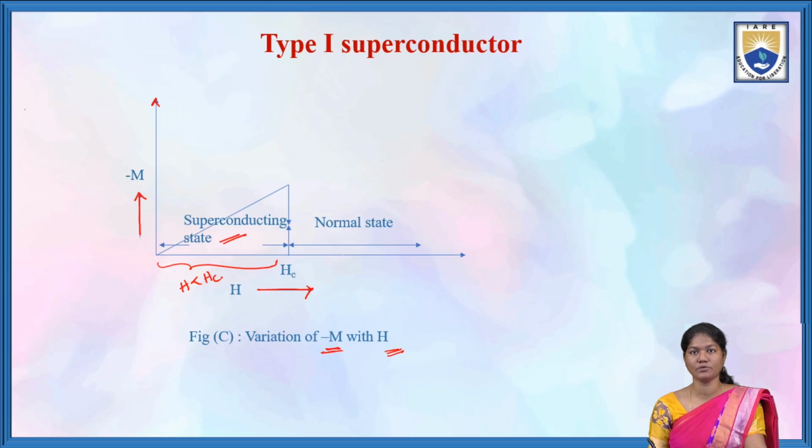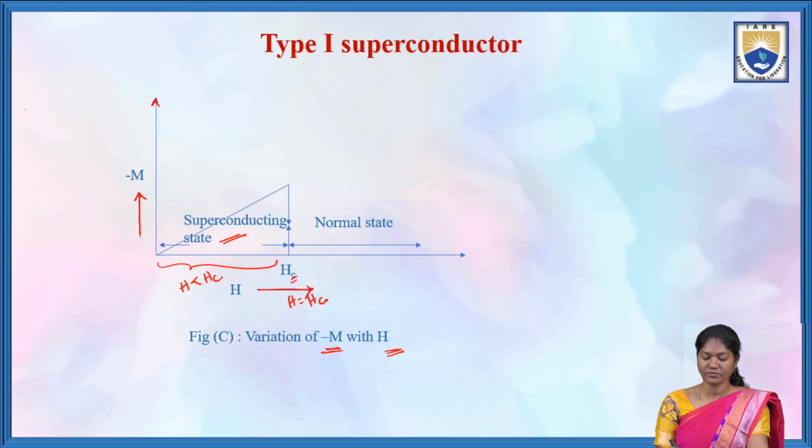Where H is equal to HC, minus M falls to 0. Here minus M becomes 0, so the superconductor converts into a normal conductor and the magnetic lines penetrate through the superconductor.